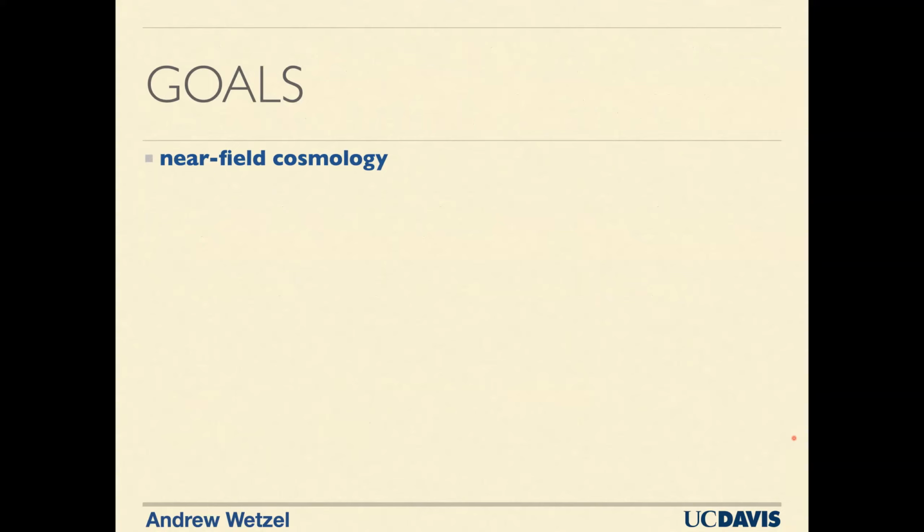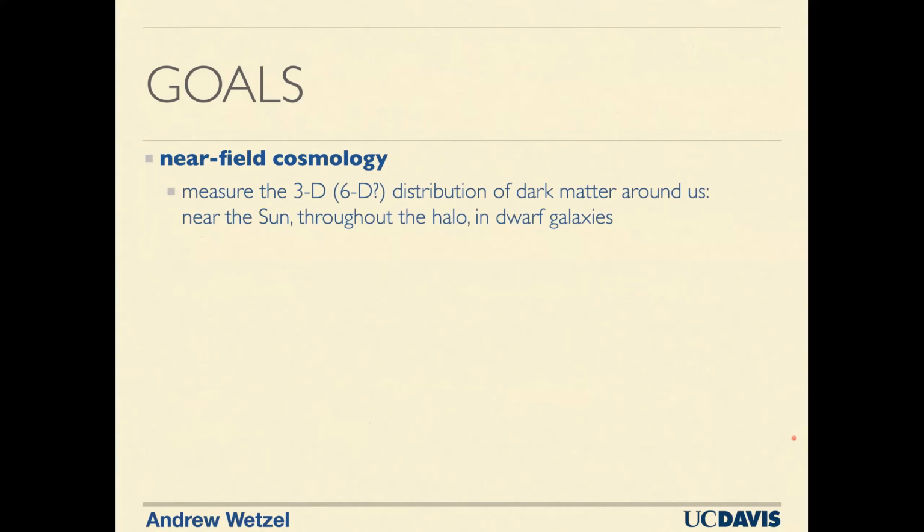For the purposes of this talk, the way I would define near field cosmology is a goal to measure the distribution of dark matter around us in the Milky Way, at least the spatial distribution, and in some cases, perhaps get influence on the velocity distribution of dark matter as well. This is near the sun, throughout the halo, and in nearby dwarf galaxies. The ultimate goal, of course, is to test and constrain models of dark matter by doing this.